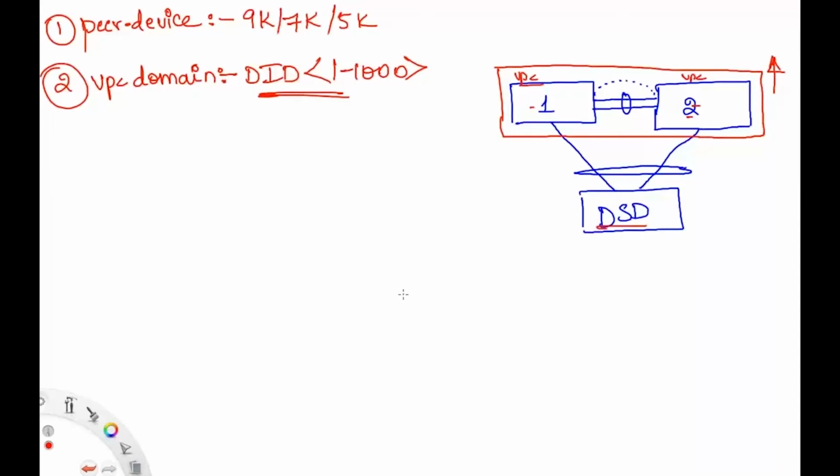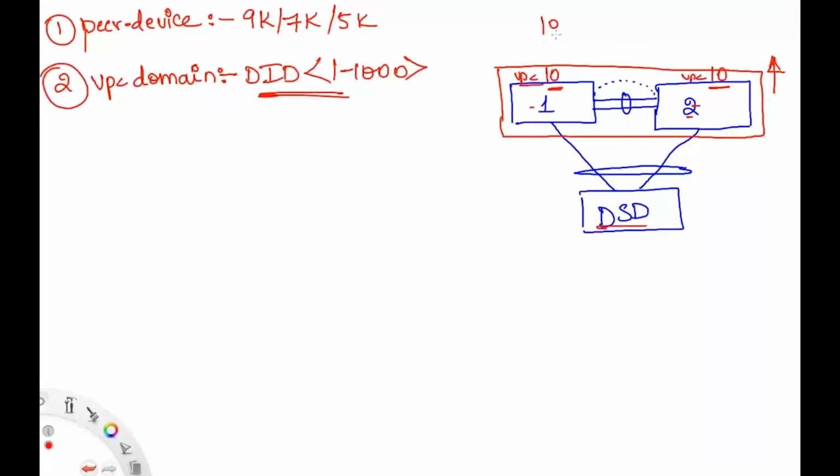When you start off your configurations for VPC, you will start by giving the domain ID itself. This is the first line of command that you will be giving. So if I'm giving, let's say, a VPC domain ID of 10, the domain ID 10 has to be configured on both the devices.